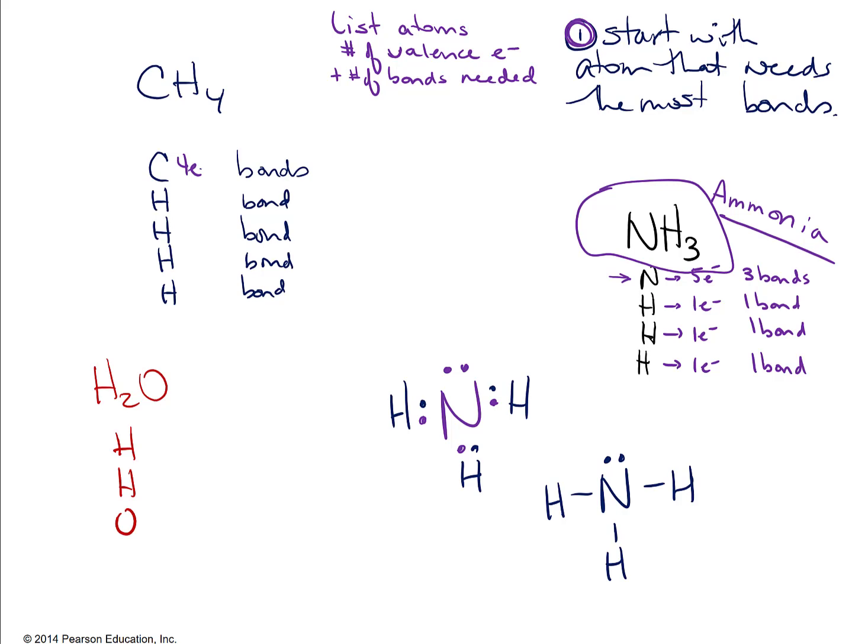If you see a dash, that represents a pair of electrons. The 2 dots on top could be on the bottom. It doesn't matter where you put the non-bonding pair or the lone pair. You could have them anywhere as long as you have a nitrogen with 3 hydrogens connected and 1 non-bonding pair somewhere.